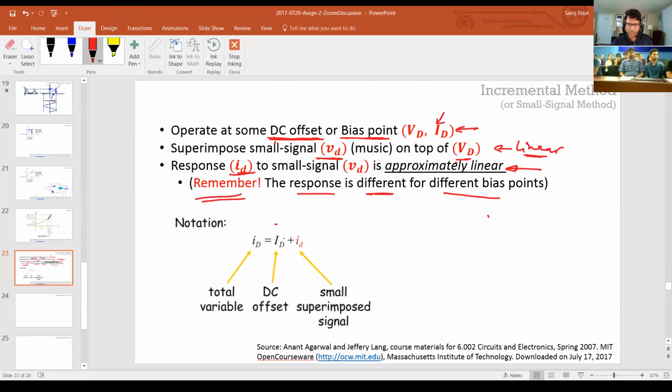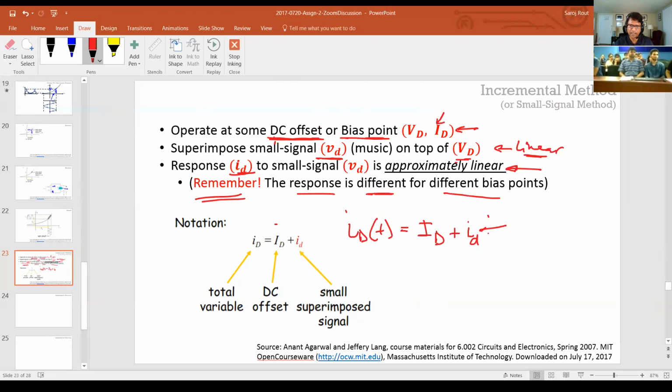All right, so also a little bit of math on why we do the differential. Hopefully this example will motivate you to remember that. I'm going to follow the notation used in the lecture in the 6.002 course. Basically, I of capital D means the entire signal, the entire transient signal, which is composed of the DC signal plus the small signal.